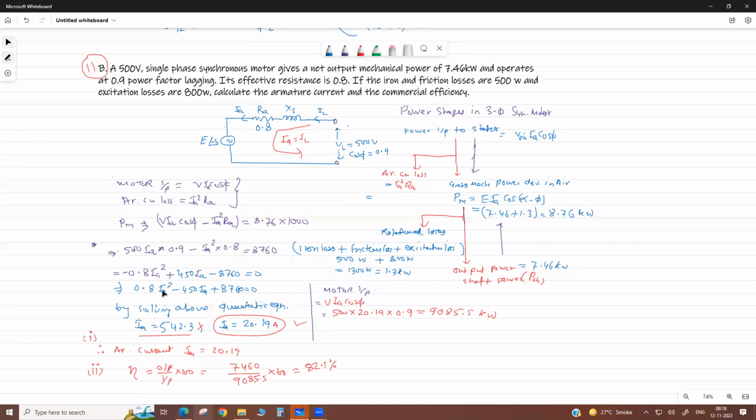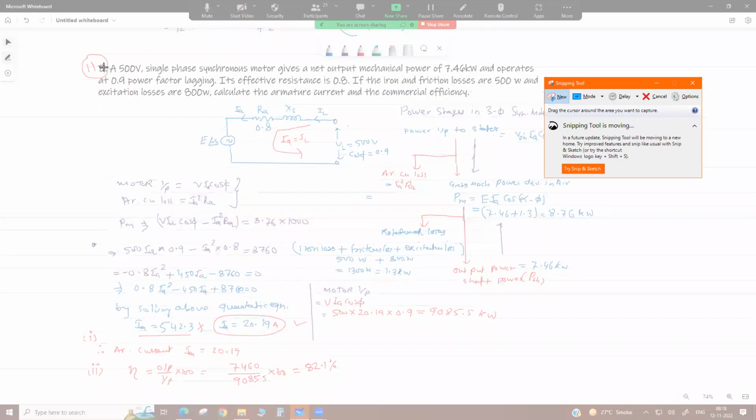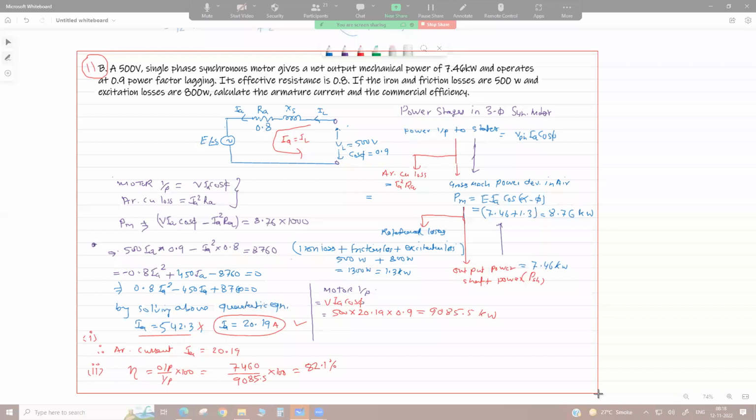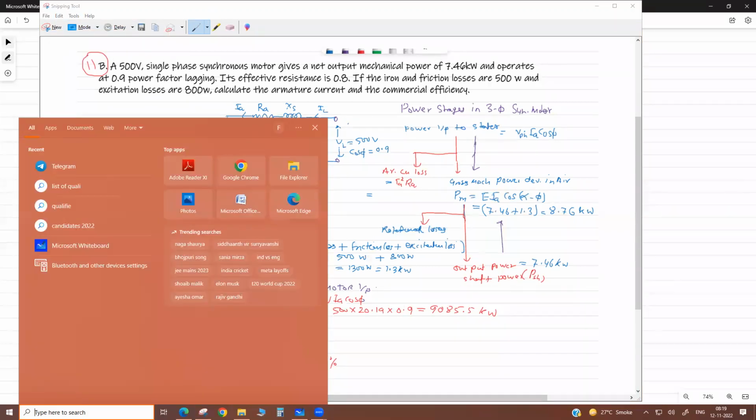But every time I have to save this. Copy. We use Telegram.